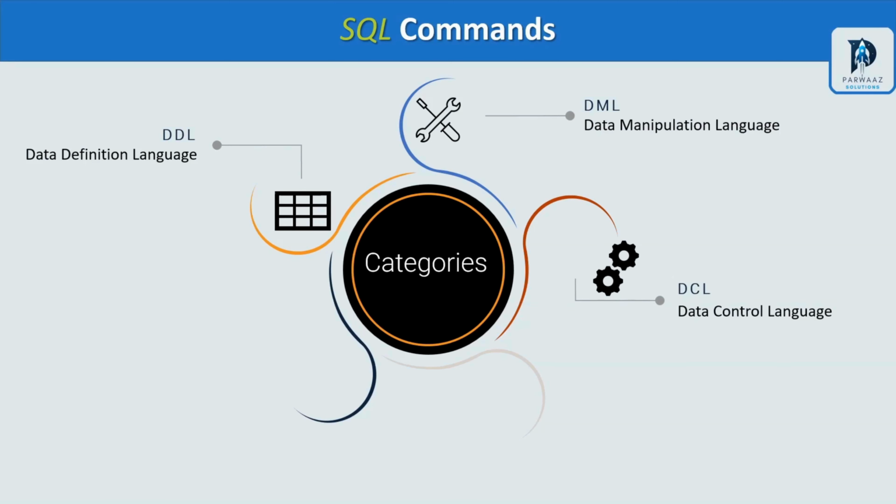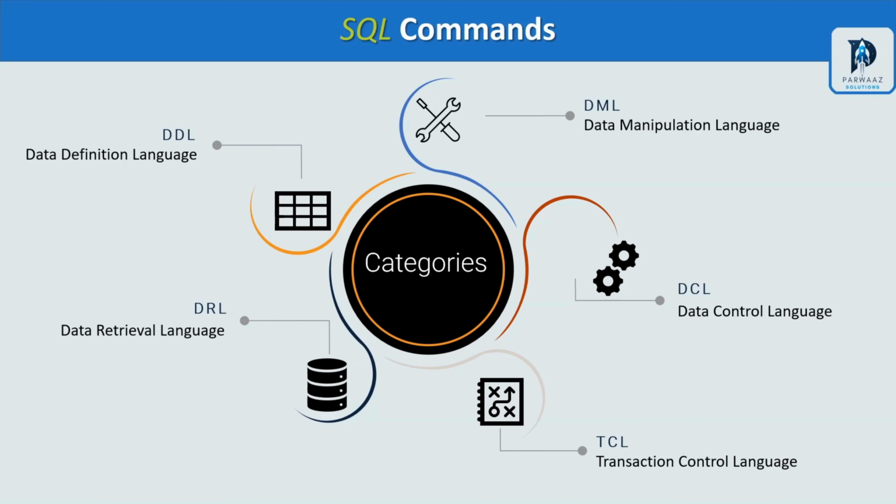Then after that we have DCL, which is data control language, which is all about setting access permissions. Then we have TCL, which is transaction control language, which manages transactions like save or rollback. And finally we have DQL, which is used to retrieve data mostly through select queries.